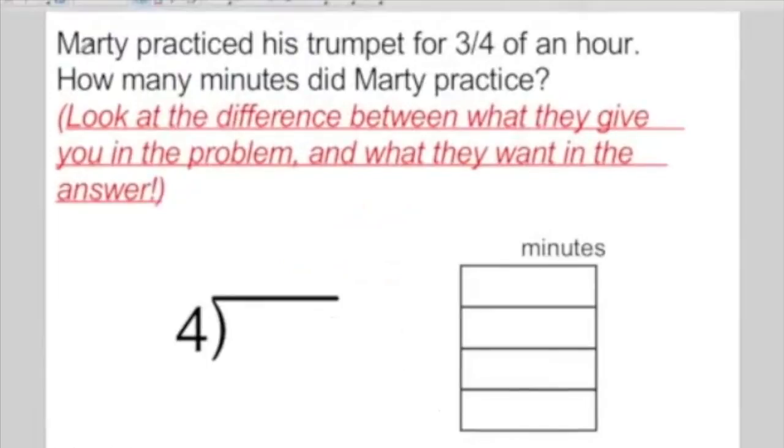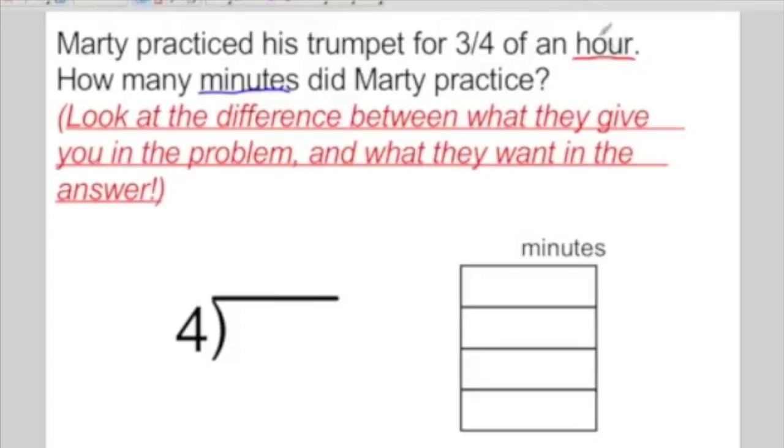Check out this one. Marty practices trumpet for 3/4 of an hour. How many minutes did Marty practice? There's an old saying, you can't compare apples and oranges. And math problems love doing this to kids.